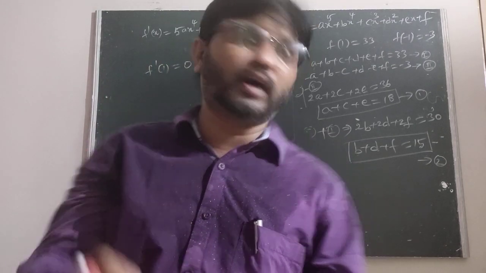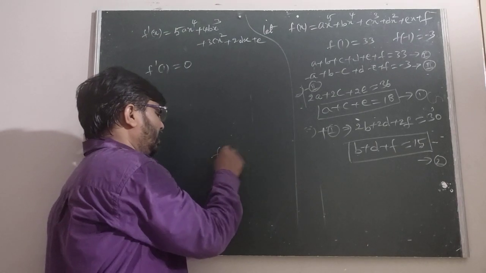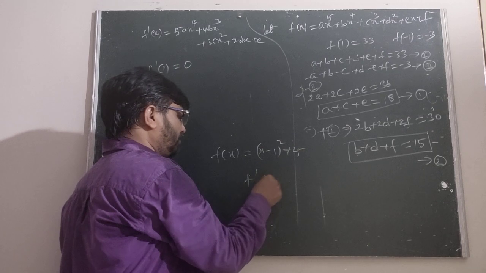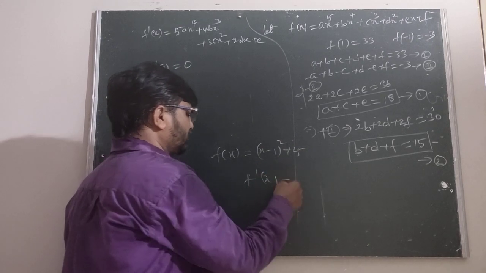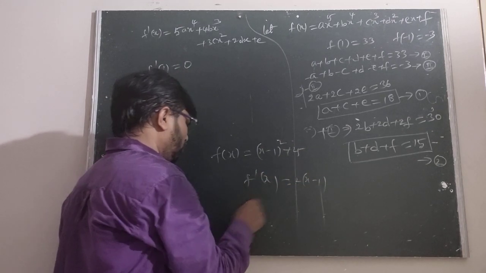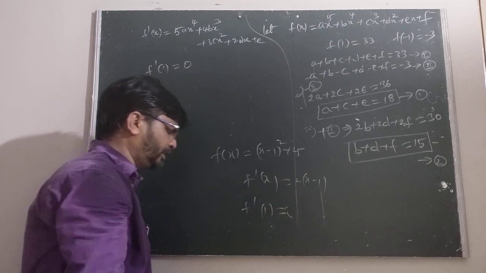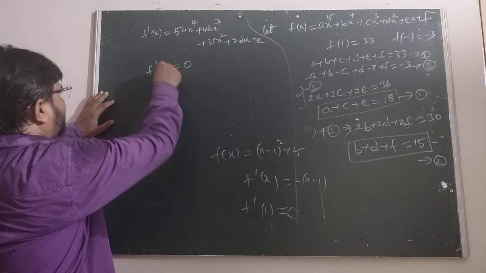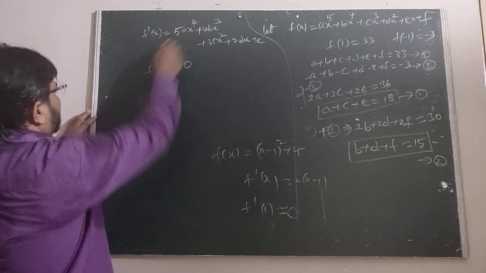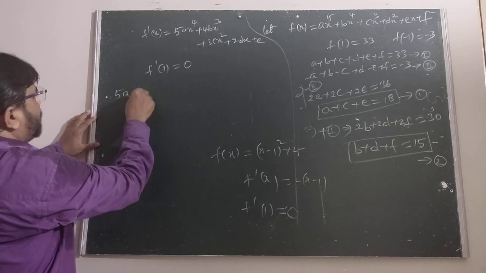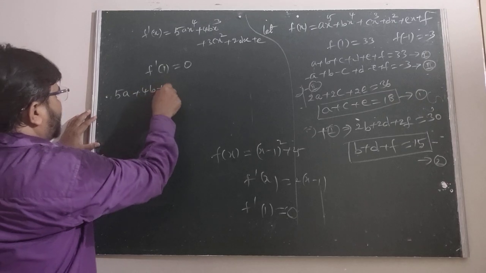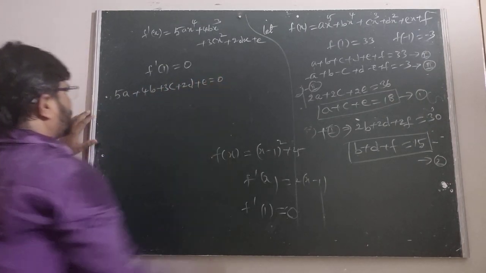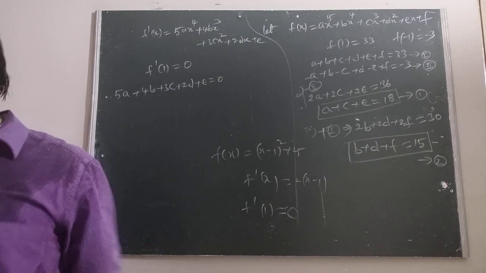Simply, f of x is x minus 1 whole square plus 25, so f dash of x must be 2 into x minus 1, and f dash of 1 is 0. Then 5a plus 4b plus 3c plus 2d plus e equal to 0 is the f dash of 1.